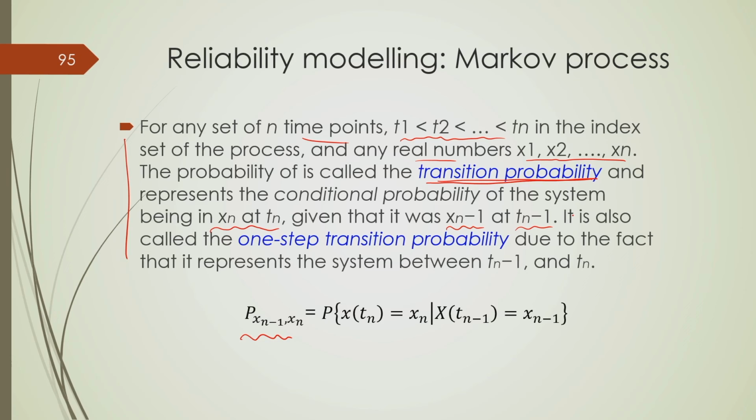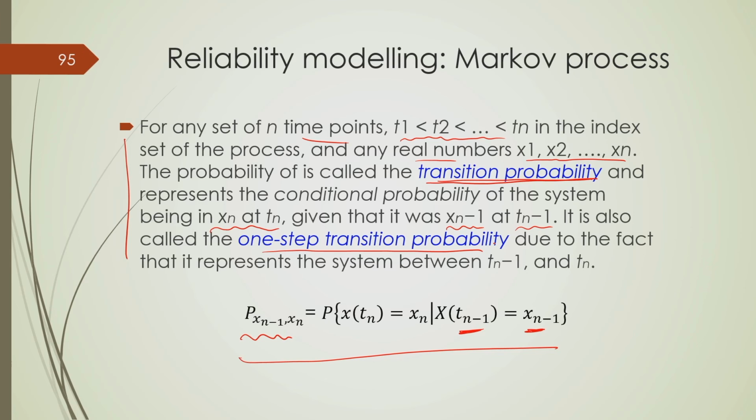Okay. So, it gives the probability that the system will be at x_n at t equal to t_n, provided its state was at x_(n-1) at t_(n-1). Okay. So, this basically gives the one step transition probability.